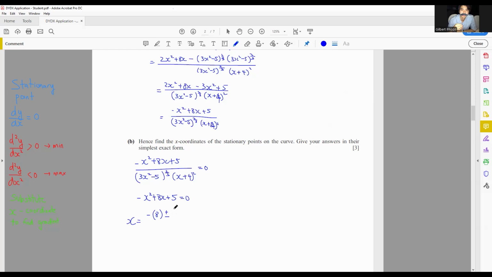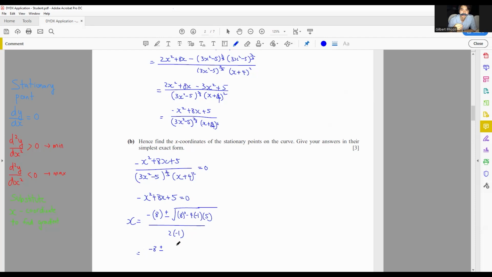plus minus the square root of b squared minus 4ac over 2a, right? Simplify from this, you have negative 8 plus minus the square root of 64 plus 20.